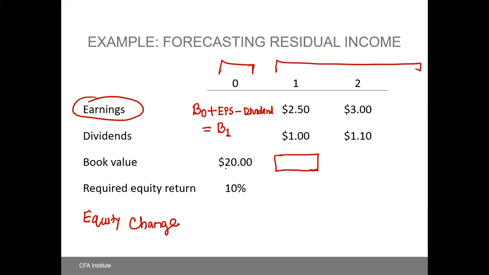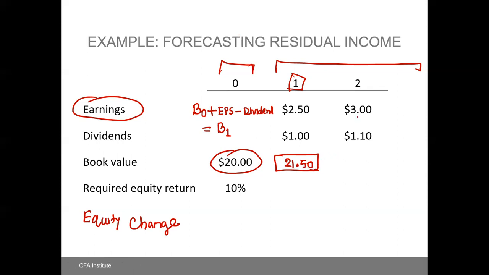So let's start. If the beginning book value of equity is 20 for this period, and we have earnings of 2.5 and a dividend of 1, what will be the ending book value for year 1? 20 plus 2.5 minus 1 should be 21.5. Now, is it possible to get the year 2 book value?